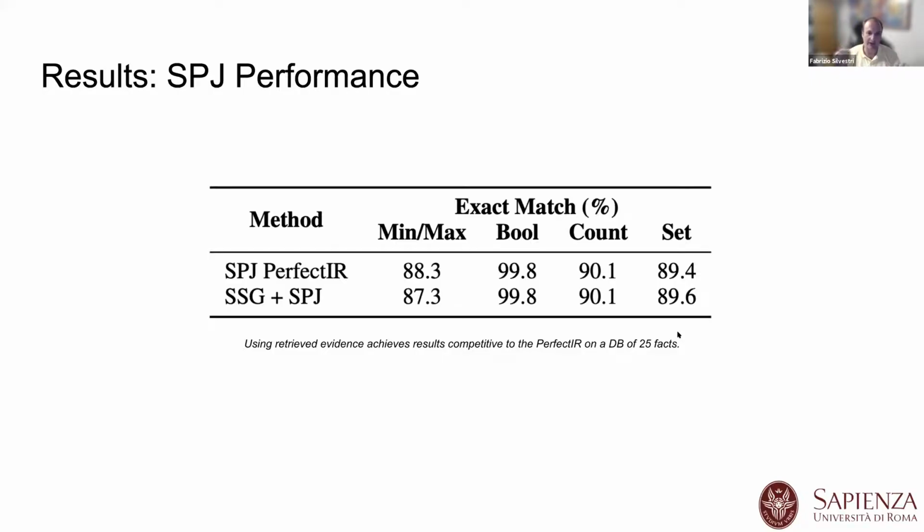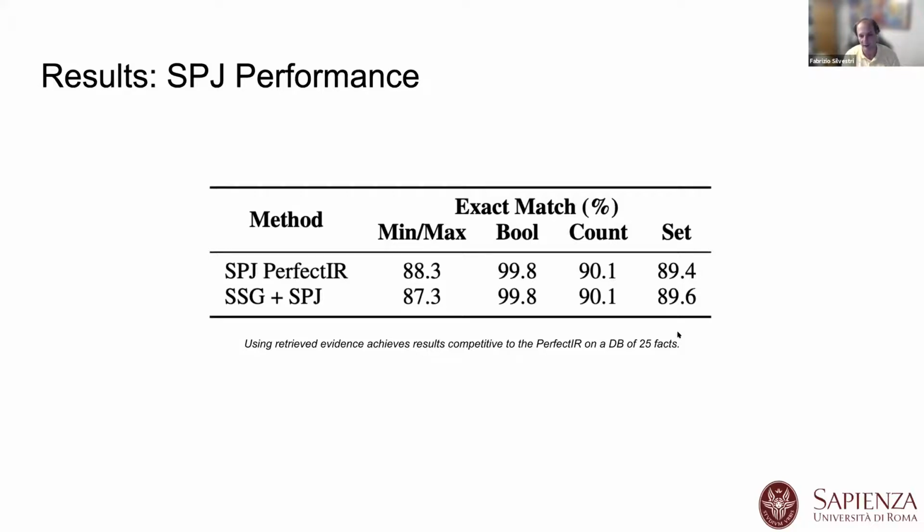Well, remember that we train the architecture end-to-end. So we train the SPJ to be robust to this kind of errors. And so when you don't have perfect IR, so perfect retrieval in the first phase, you still get very good results. Basically, the same results as perfect IR.